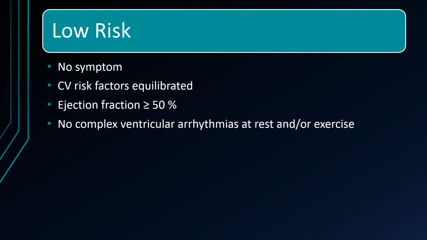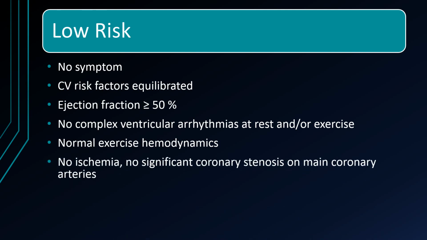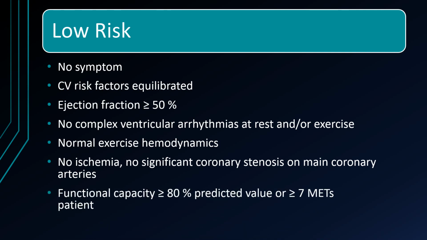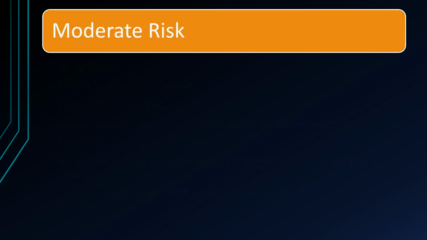There are no complex ventricular arrhythmias at rest or during exercise. There are normal exercise hemodynamics, that is, the blood pressure remains within normal limits. No ischemic changes, no significant coronary artery stenosis, and the functional capacity is equal to or more than 80% of the predicted value, and they can perform more than 7 METs. So these patients are low risk.